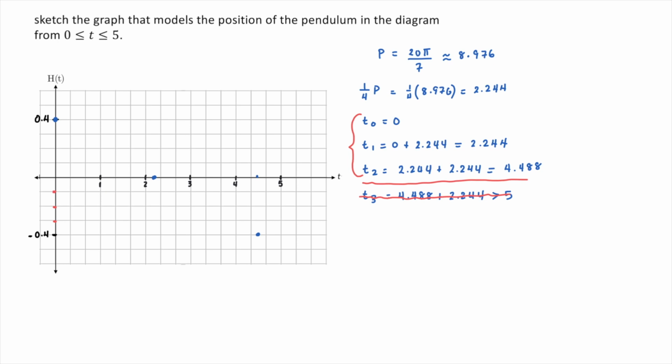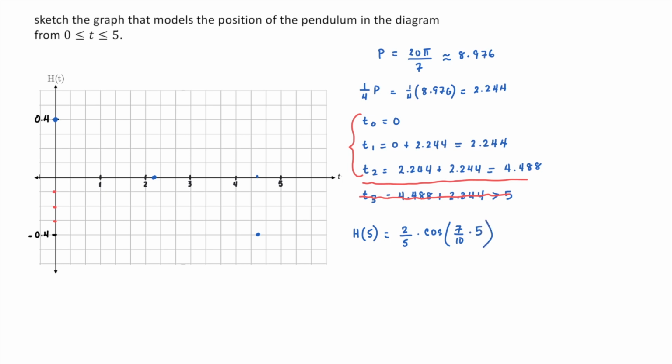Okay, but because they did include 5, if you notice right here in the domain restriction, I'm going to go ahead and find the y value that corresponds to t equals 5. In other words, I'm going to find h of 5. I already have the model. So h of 5 will be equal to 2/5 times the cosine of 7/10 times t, but now t is 5, so times 5.